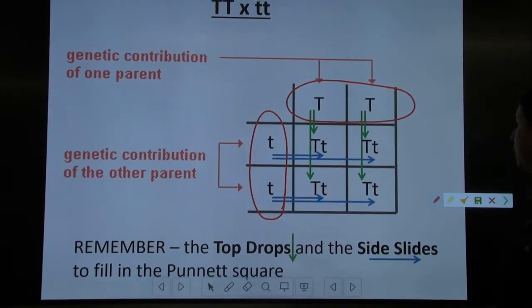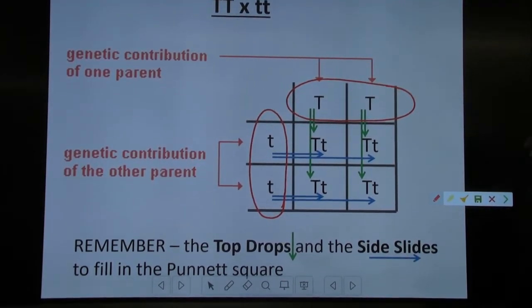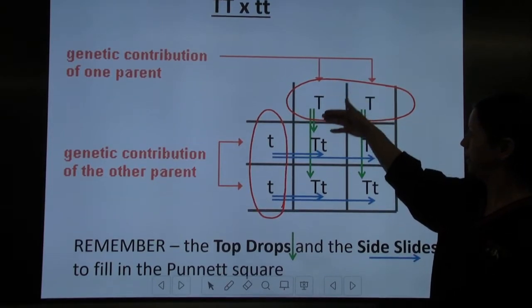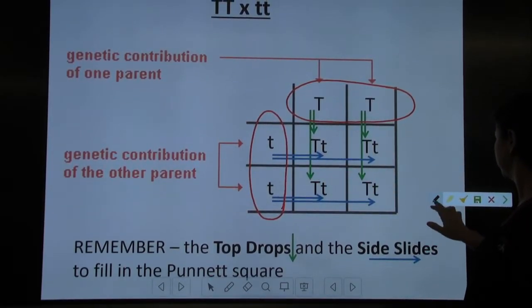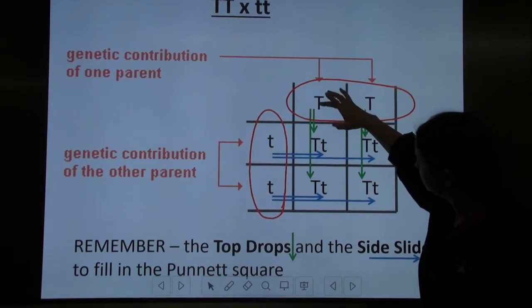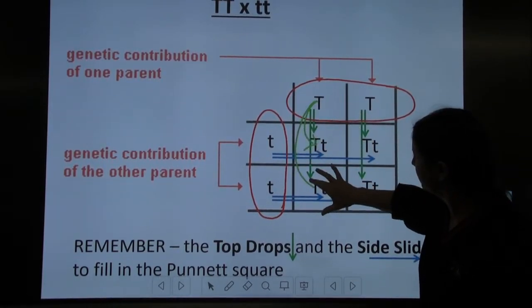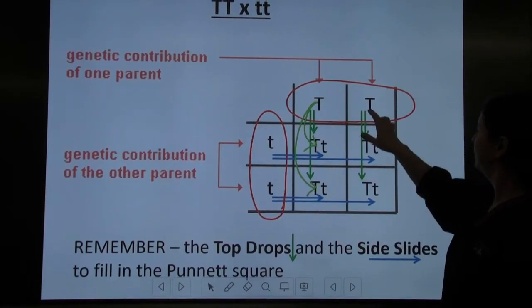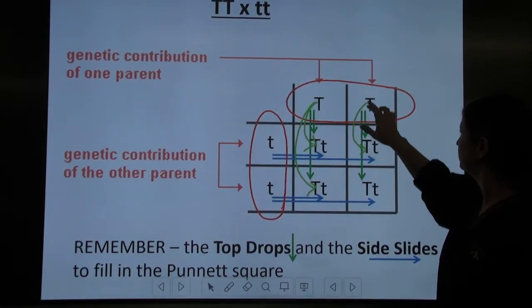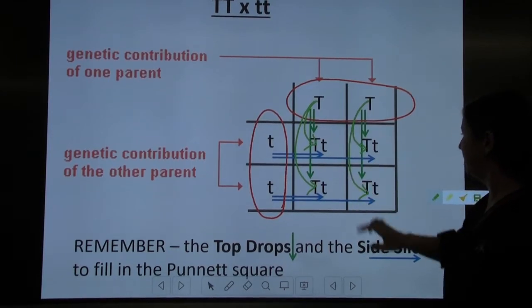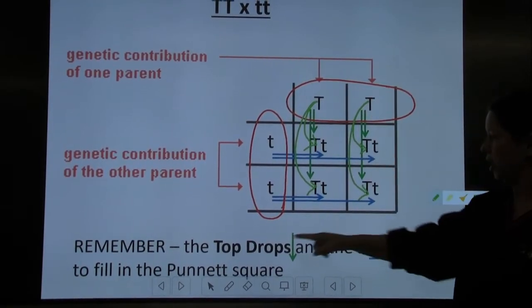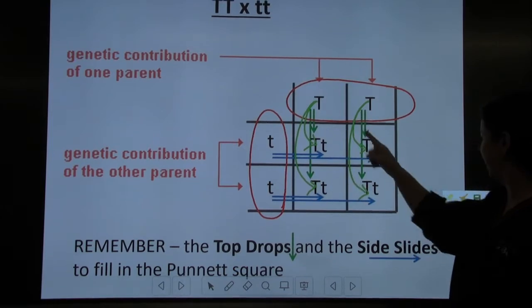Okay, now what happens is the letter at the top drops. See this drop? So this T came right here, and then it also came down to right here. And the big T here came down here, and it came down here. So the top drops. That's what those lines were for.